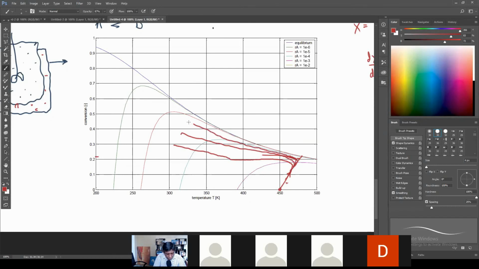So the thing I'm trying to say here is the action that we take in terms of the control strategy that we apply is going to determine the trajectory of our system there. It's going to determine along which line our species are going to behave in that reactor.